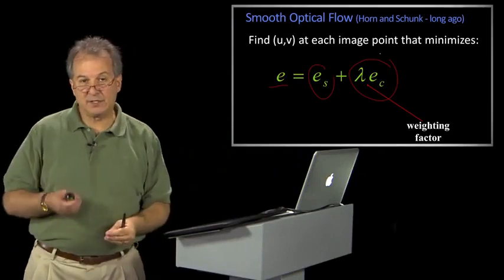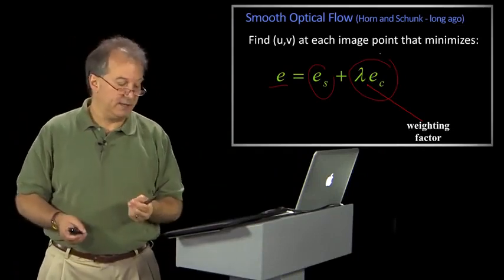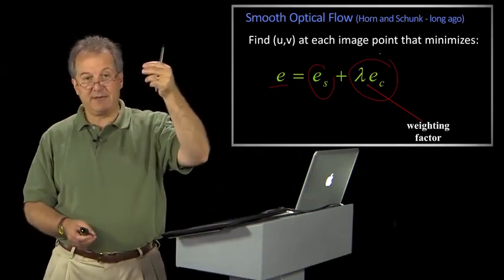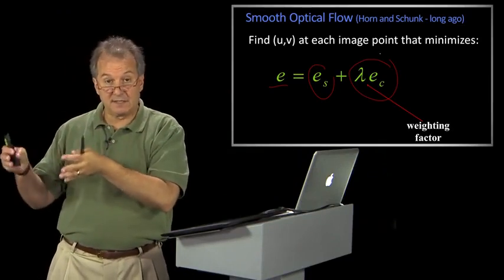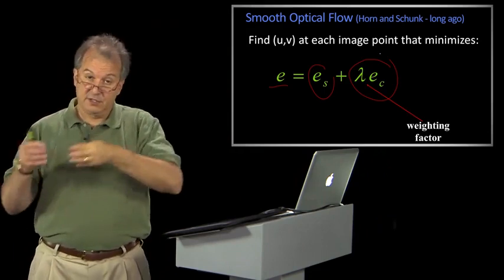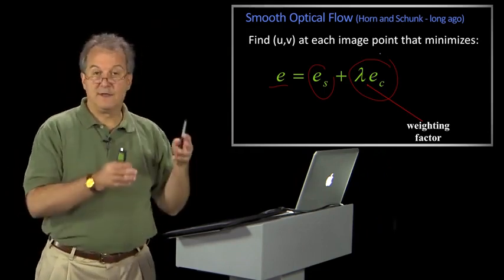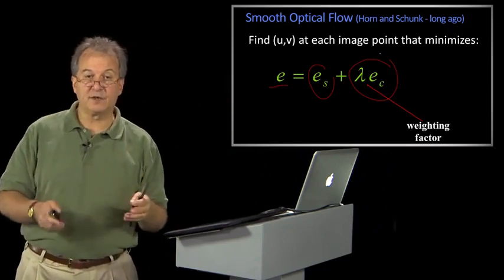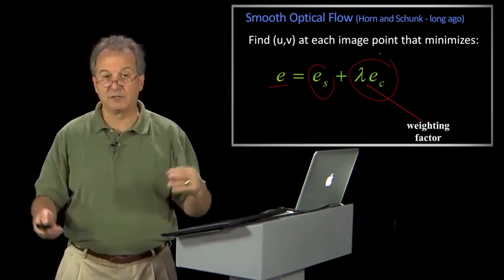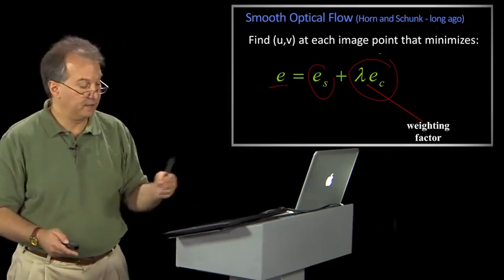The weighting factor is how much you believe your data. The bigger the weighting factor, the more important satisfying the brightness constancy constraint is. The smaller the weighting factor, the more the smoothness term dominates. What value it should have is a function of how much noise there is and how smooth you believe the entire thing is.